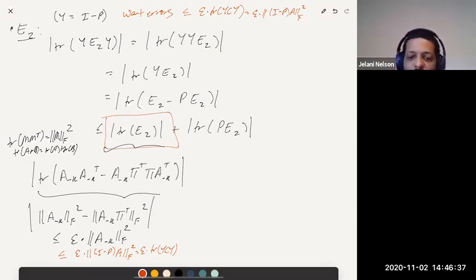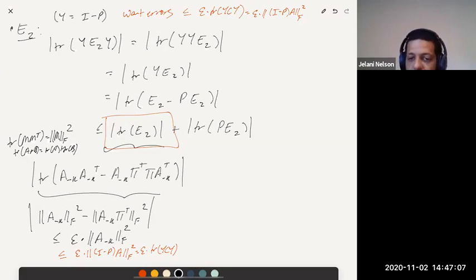Okay. Now what do I do about the other part? For the other part, what I do is the following. Remember now, PE2 is a real symmetric matrix. What is its trace? Its trace is the sum of the eigenvalues.